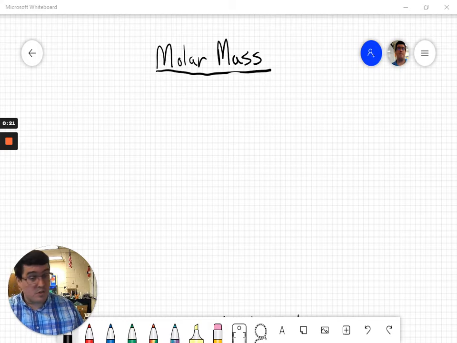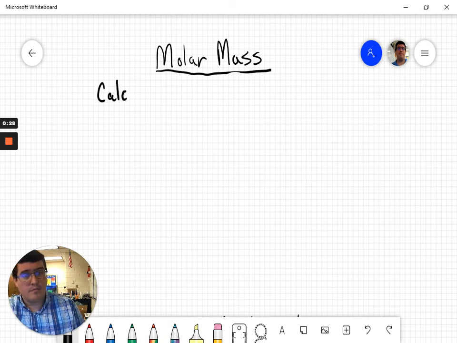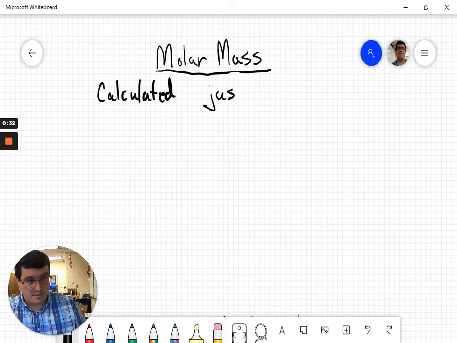And the reason we're talking about this today, the reason you had your bell ringer today, is molar mass is calculated just like formula mass.